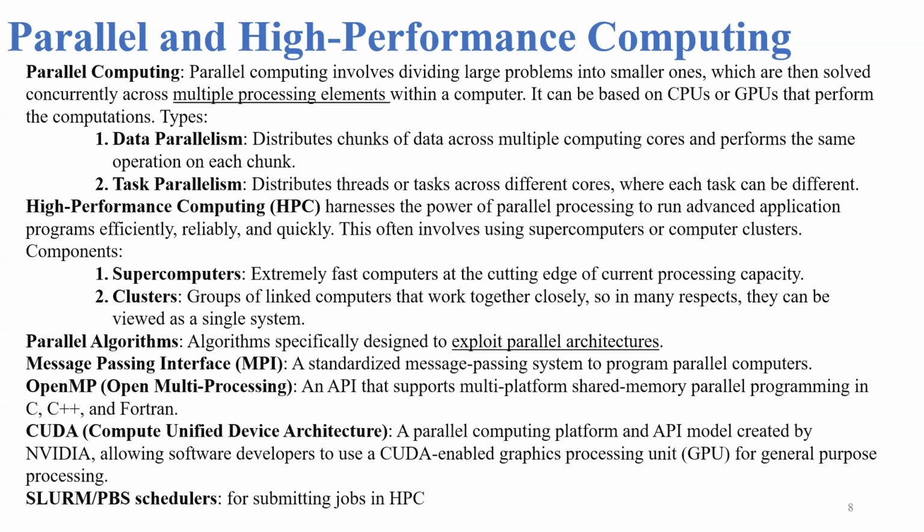For GPUs, especially, CUDA, Compute Unified Device Architecture, is a parallel computing platform and API created by the NVIDIA company. It allows software developers to use CUDA to enable the graphics processing unit. And it's very popular nowadays.